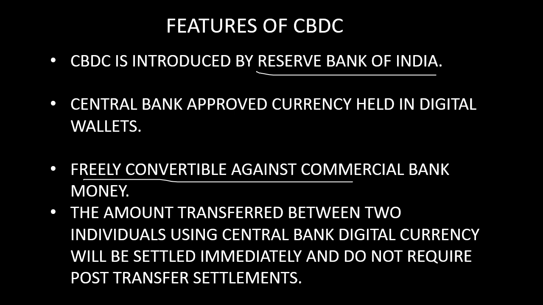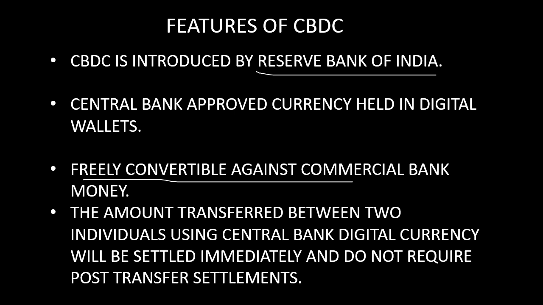And unlike UPI, everybody is now doing UPI transactions. India is one of the world leaders in UPI transactions. But you know what? The amount we transfer to another person is not settled immediately. It takes around 1 to 7 days to settle that amount.